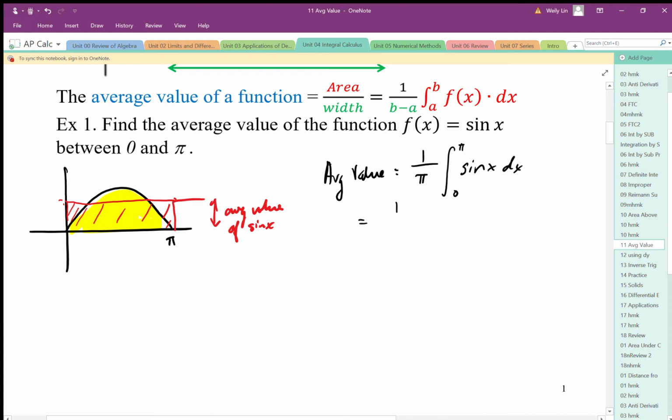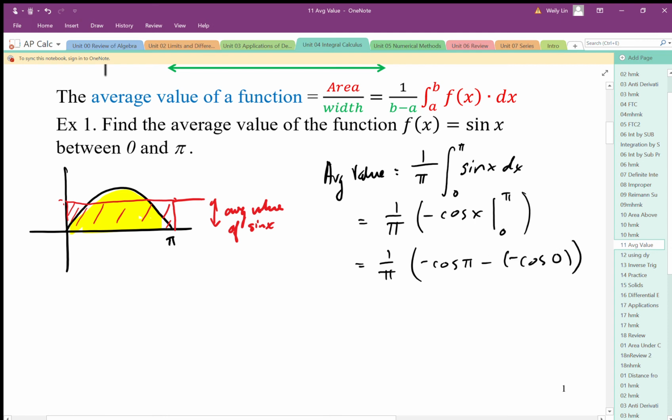I'm going to find the area by using the antiderivative. It's going to be negative cosine x from 0 to pi. So there's my area. It's going to be negative cosine of pi minus negative cosine of 0.